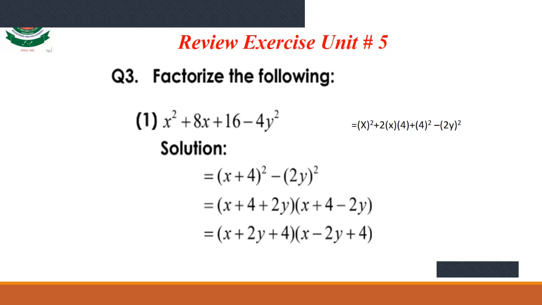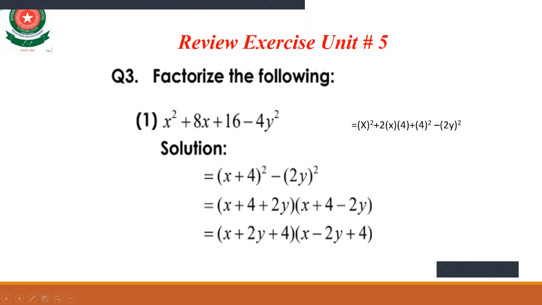We can solve this by completing the formula. Here you can see that 16 is 4 square, a square plus b square, where x is the value of a and 4 is the value of b. By completing, plus 2ab, that is plus 2 into x into 4, you can say 2 times 4 is 8.